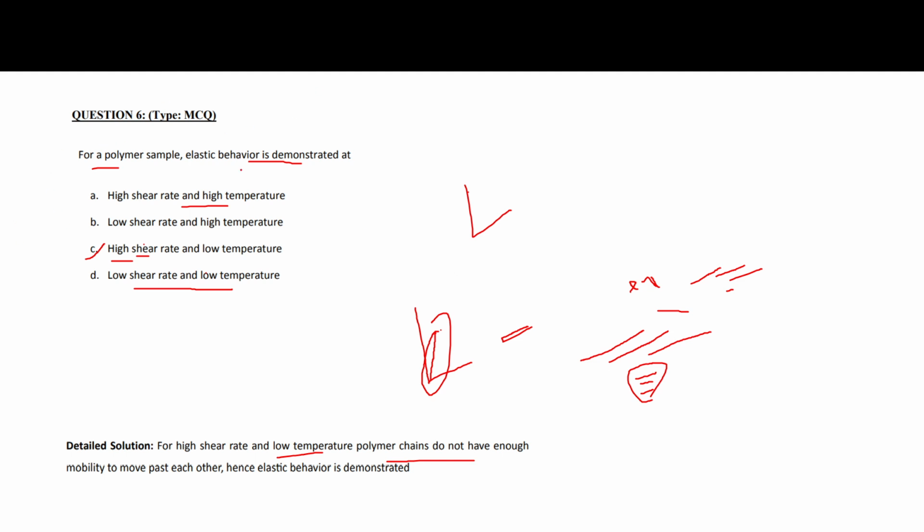So for elastic behavior you need a higher shear rate and lower temperature. That diminishes polymer mobility; the chains cannot move relative to each other, so they are mostly in the elastic state, not the rubbery or plastic state.